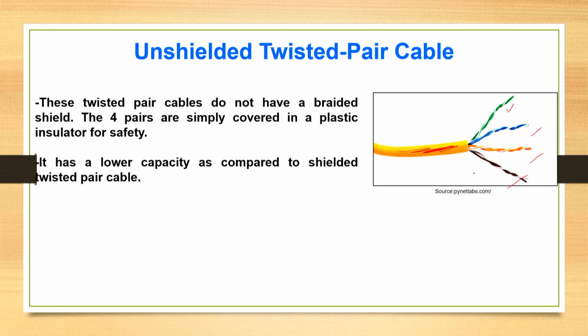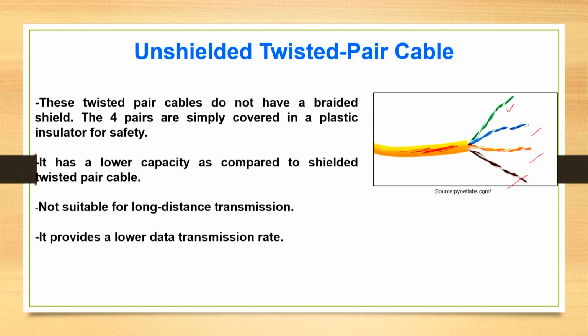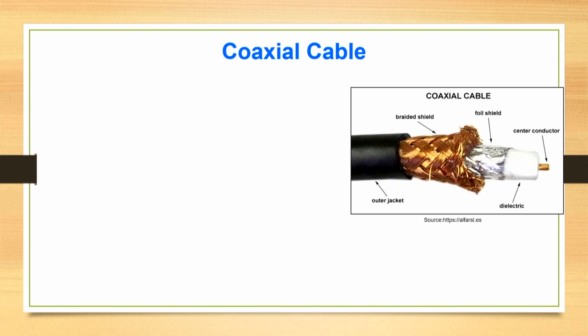It has a lower capacity as compared to shielded twisted pair cable. It is not suitable for long distance transmission. It provides a lower data transmission rate and it is inexpensive, very common and easy to install. So, this was about your twisted pair cable.